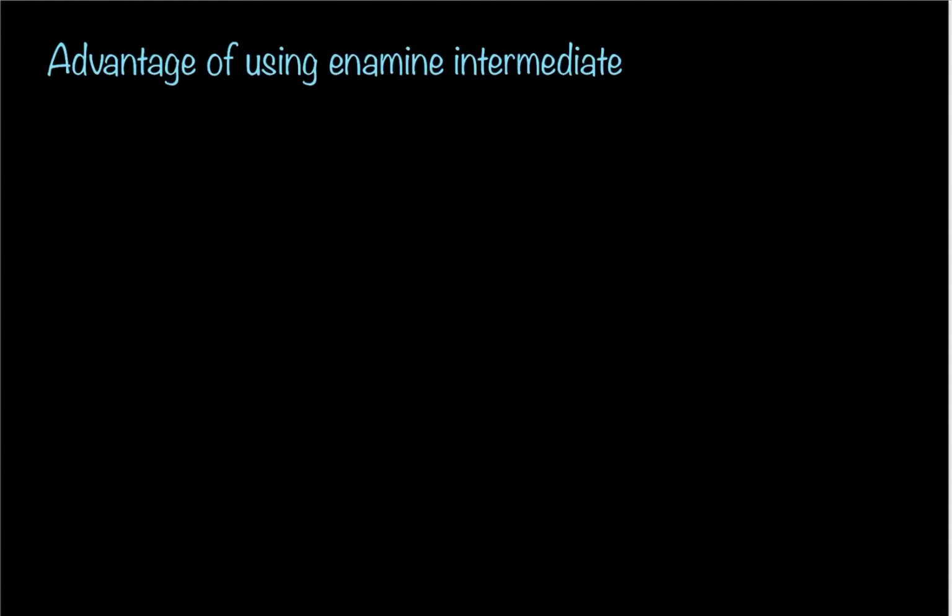But if you use enamines, they are going to give you only monoalkylated products, which is a great advantage in places where you cannot use such a strong base as LDA. Again, this is another example that we are going to do.